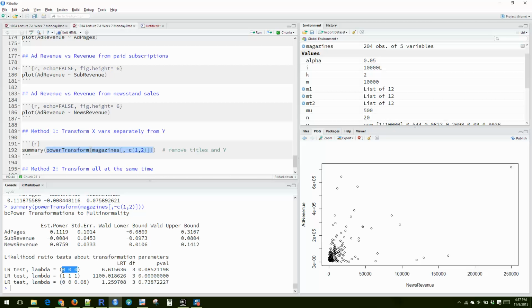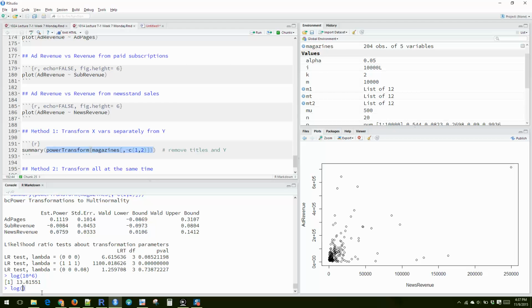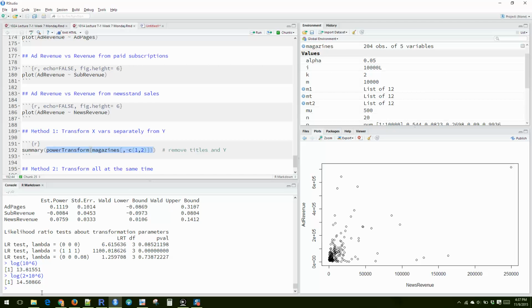It's a spread of 1 million, but when you take the log of 1 million versus the log of 2 million, there's not a huge difference here, okay?